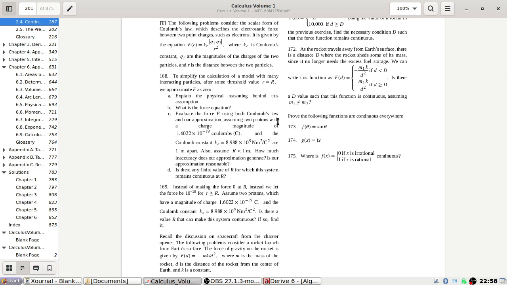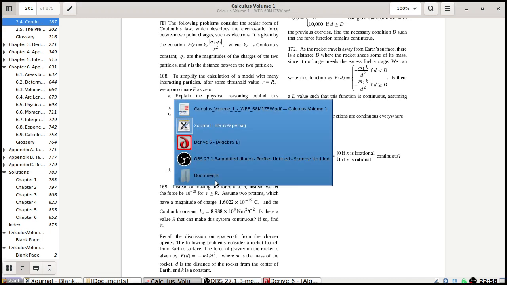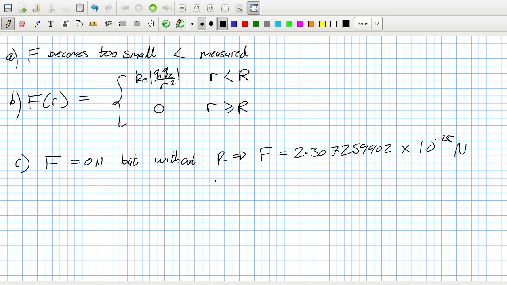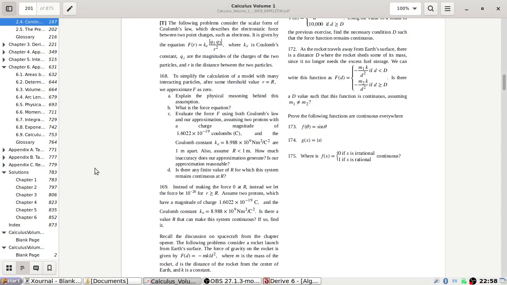Okay, yeah, so are we calling the R with the approximation?